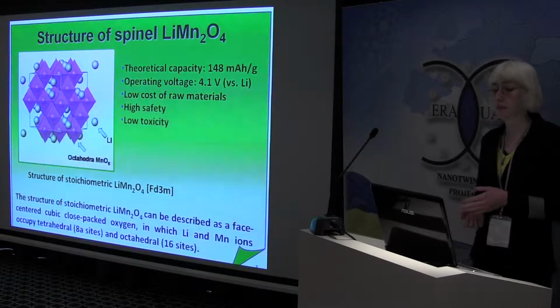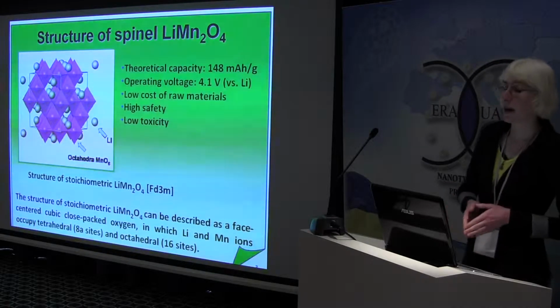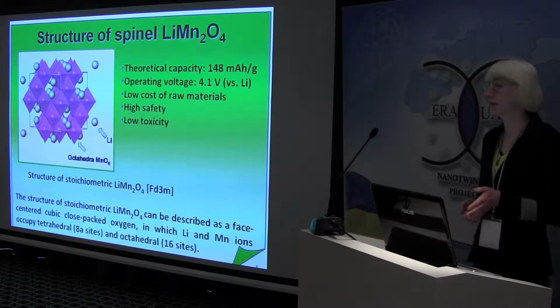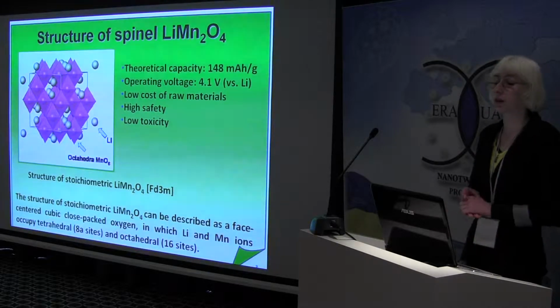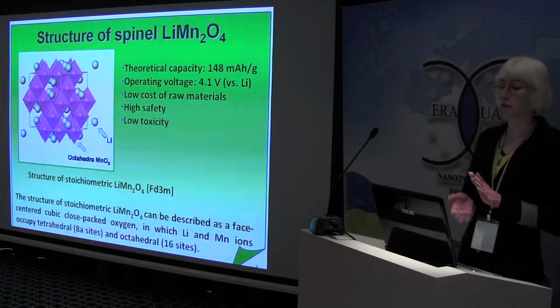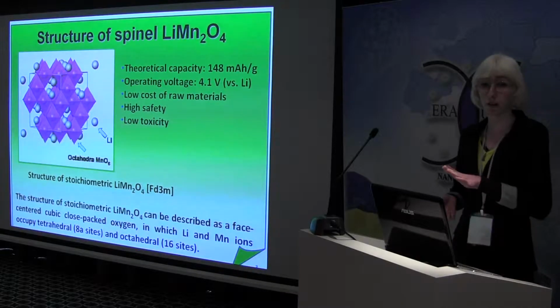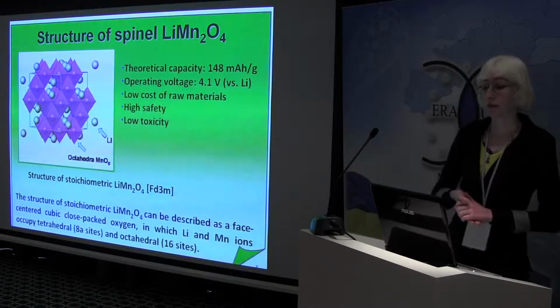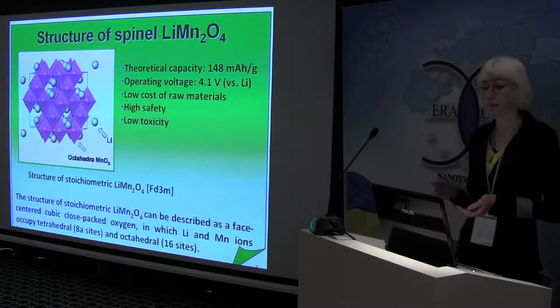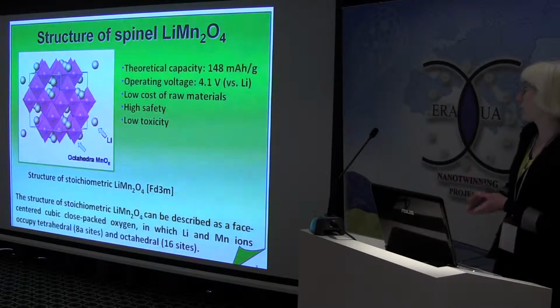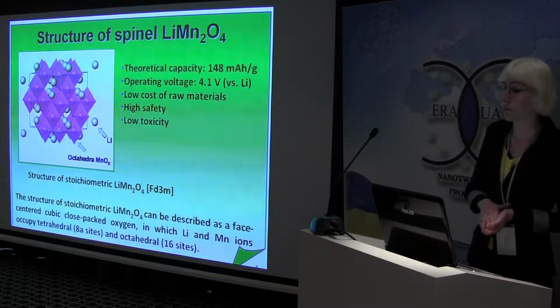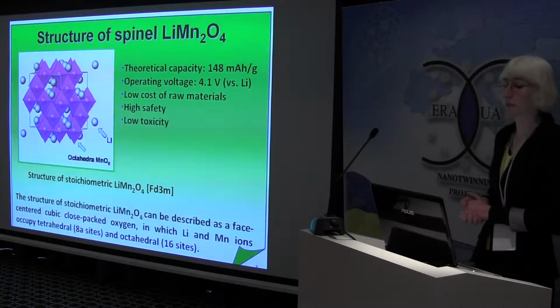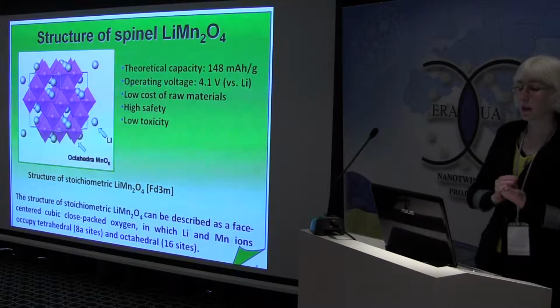This material is stable and has a theoretical capacity of about 138 mAh per gram, and the practical capacity is between 110 and 120 mAh per gram. The operating voltage is 4.1 V versus metallic lithium plating.